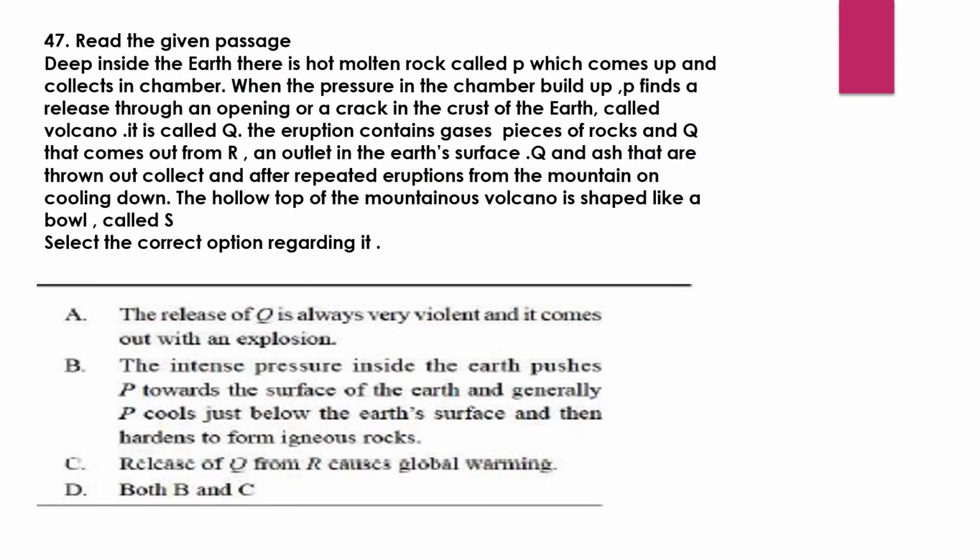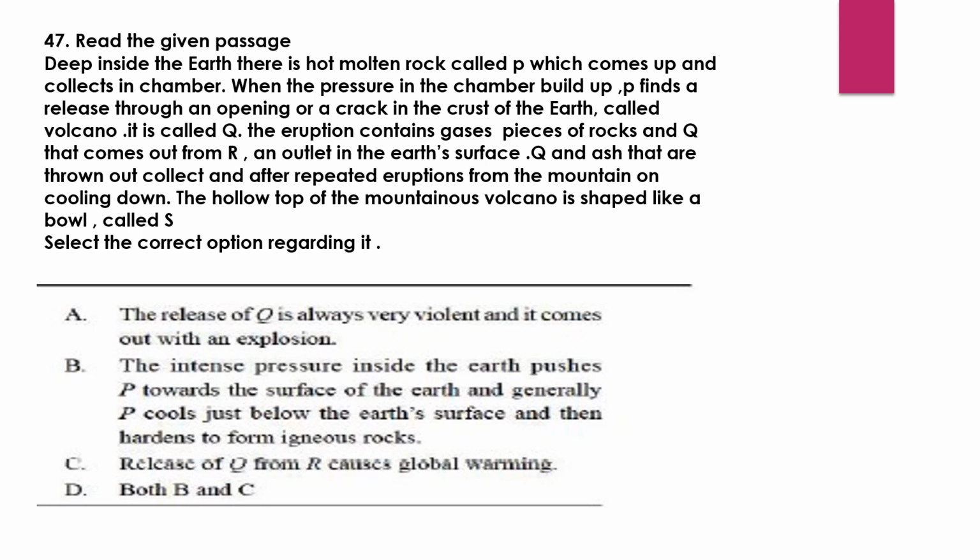Question number 47. Read the given passage. Deep inside the earth there is hot molten rock called P which comes up and collects in a chamber. When the pressure in the chamber builds up, P finds a release through an opening or a crack in the crust of the earth called a volcano.